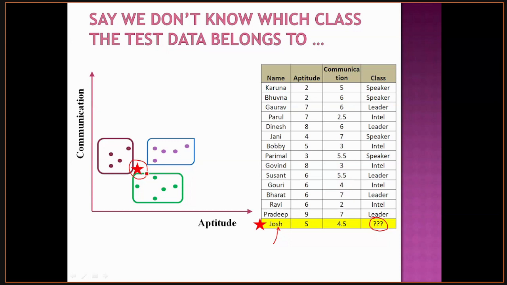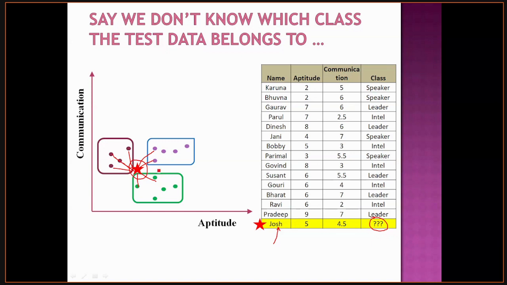Now what should we do? From the test record, the record of Josh, we are going to calculate the distance to all the other training records. And how do we calculate the distance? Let's use the Euclidean distance. Otherwise, if you just look at this point, it is so central, it can't be said to be close to any of these three groups.